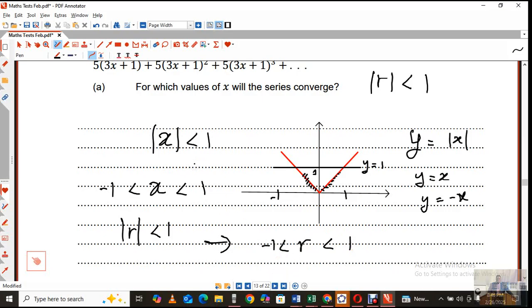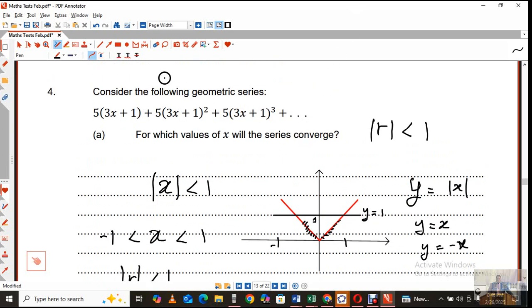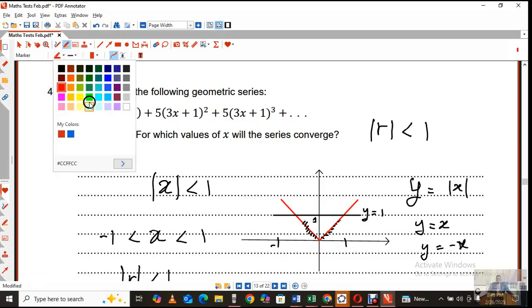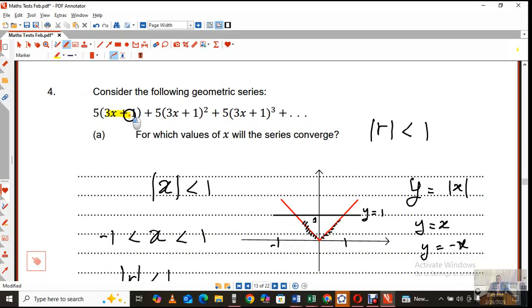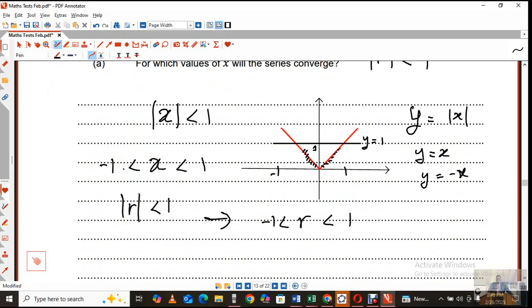Going back to my series, you can easily see that the common ratio has to be this 3x plus 1, because it's the one that is doing something to the 5 and so on. So r is equal to 3x plus 1, and the only thing you need to do is put this r between those extremes.